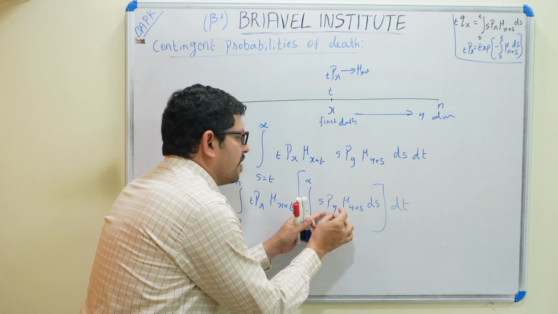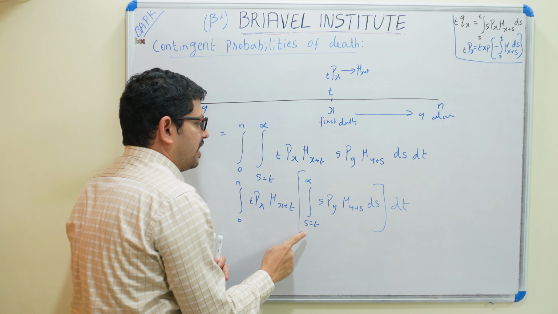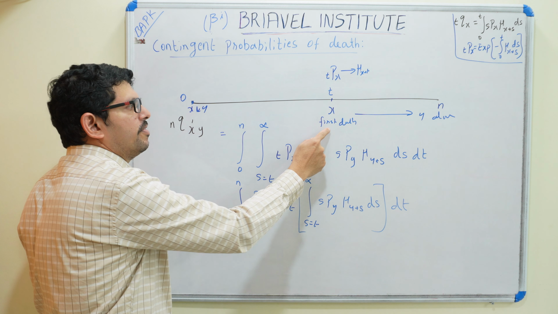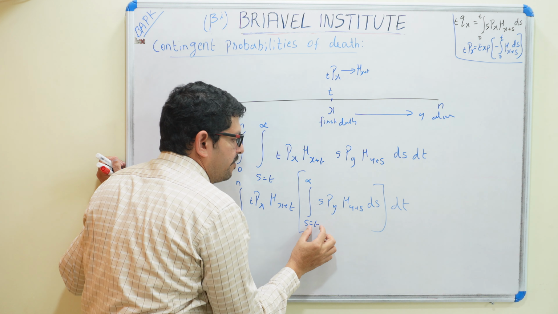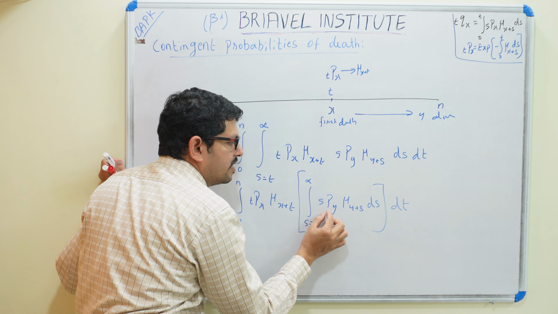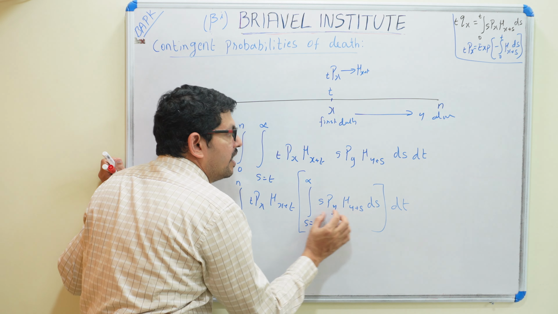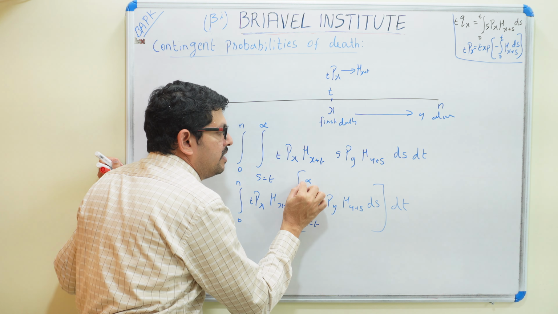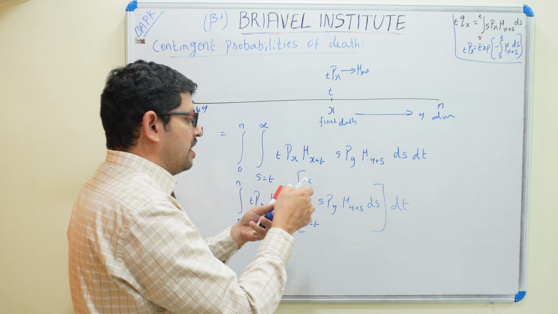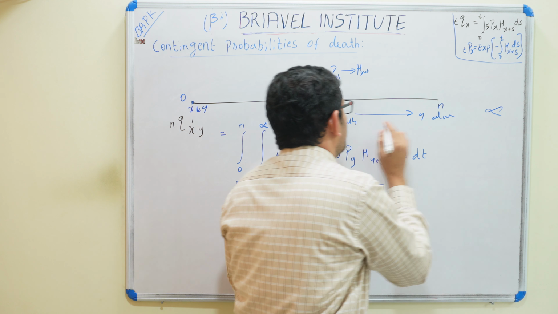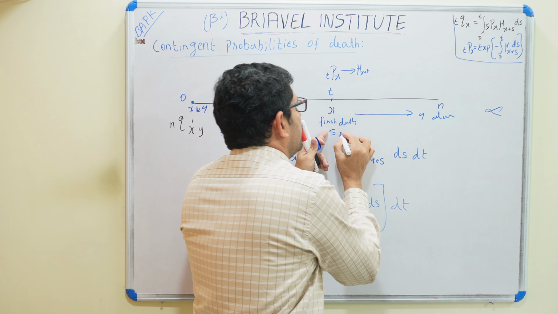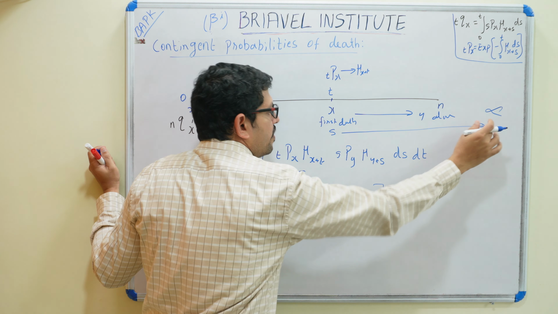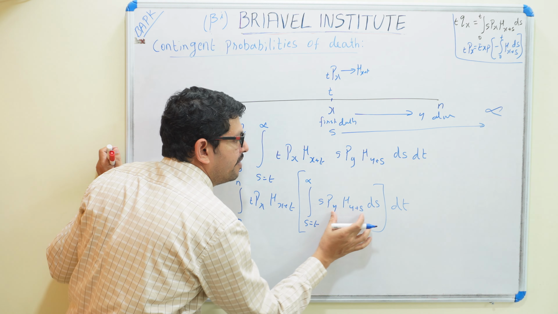In s p y, s is starting from t only. After the death of the first person x, we start y's life, and at any point of time he will die. That is represented by s to infinity, we are considering up to infinity. We are considering s starting from here to infinity, and in all the places we are considering s, at any point of time he will die.